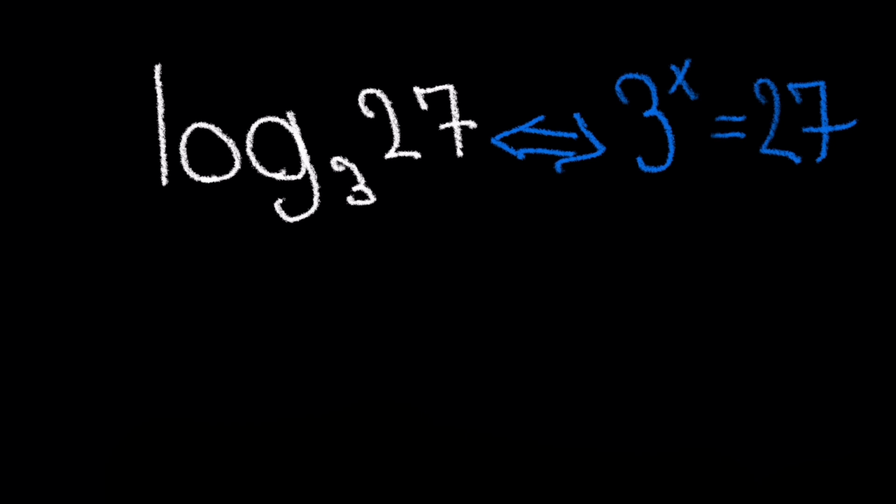Think about the power rule. We can use this rule to multiply the exponent of the argument with the logarithm. We know that 3 cubed is equal to 27, so let's write it this way inside of the logarithm.